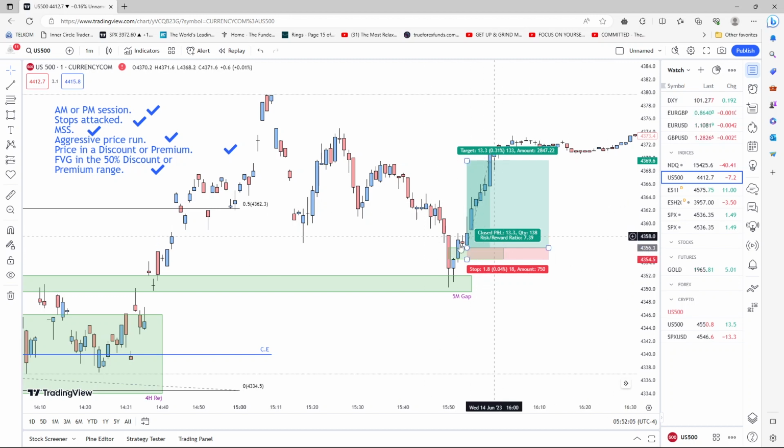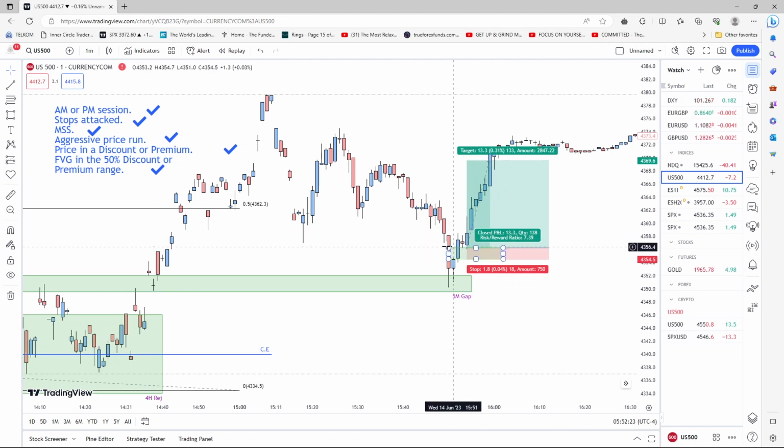The average beginner trader might be doubting himself with this one, but practice makes perfect. So that's how you study and you learn and you grow trust in this specific model.